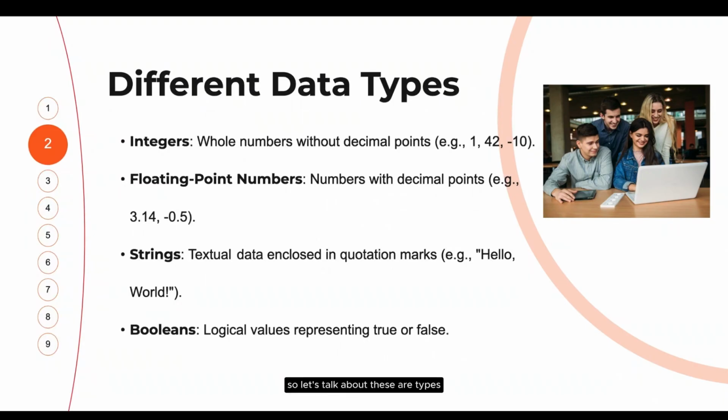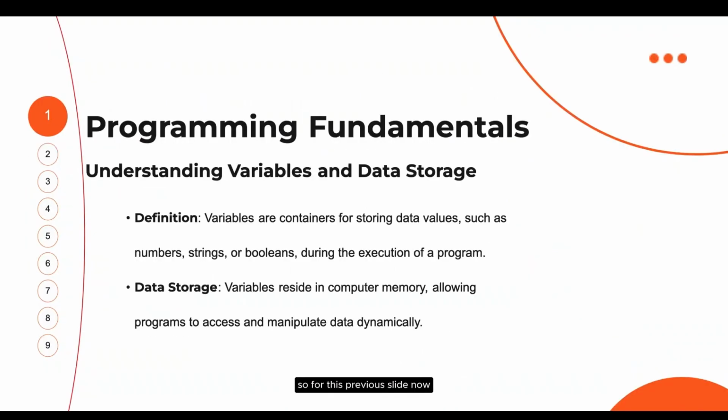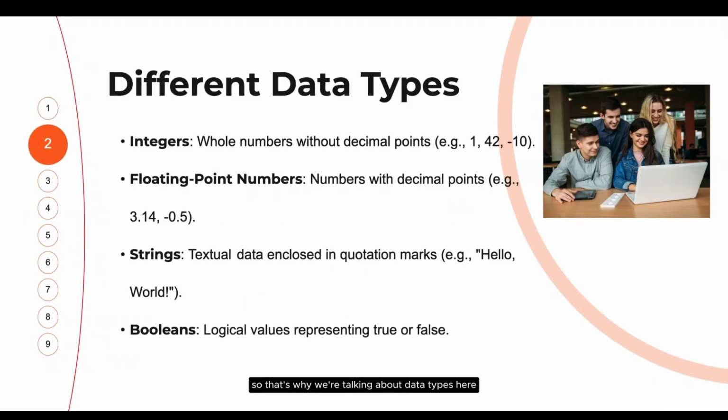So let's talk about data types. For every variable declaration, there has to be a data type assigned to it. On the previous slide, we were talking about numbers, strings and booleans. These are data types. In programming, we have different data types depending on the language.